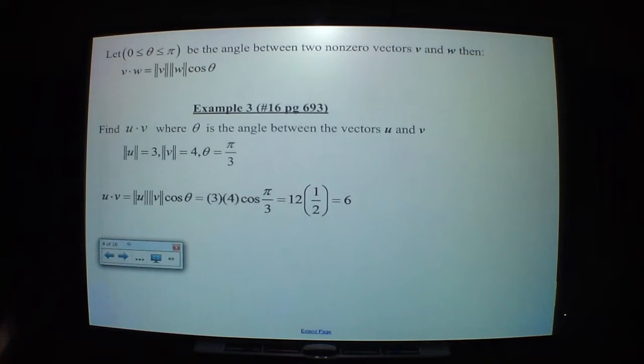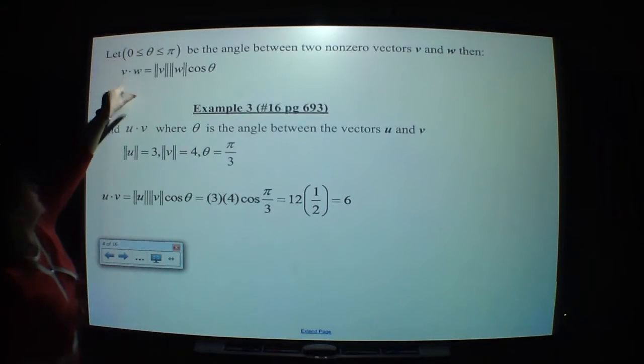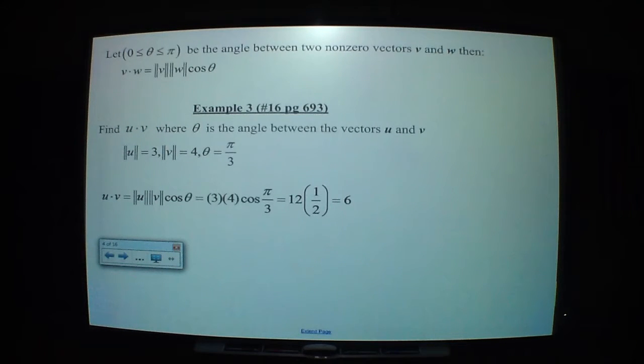The angle between two vectors, v and w, is defined as, here's the angle between them. If you take the dot product, it's equal to the magnitude of one vector times the magnitude of the other vector times the cosine of the angle between them.